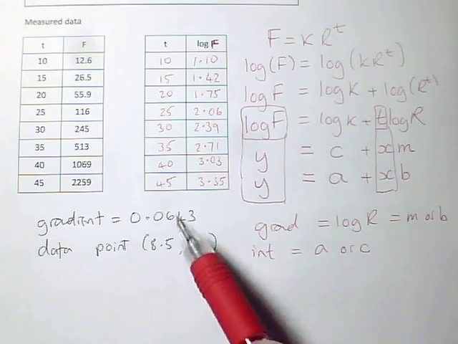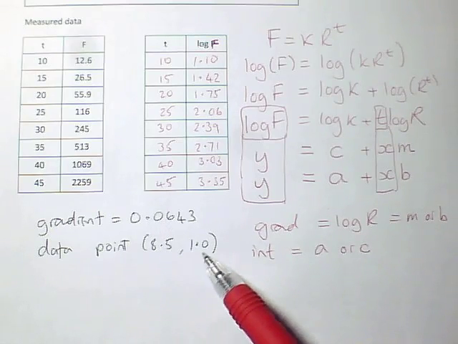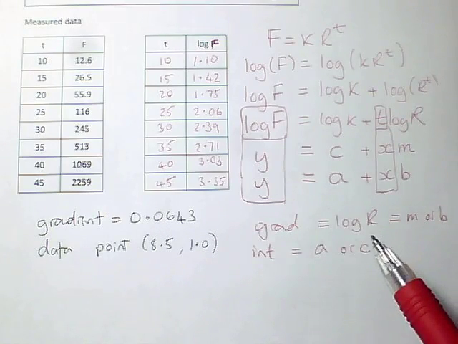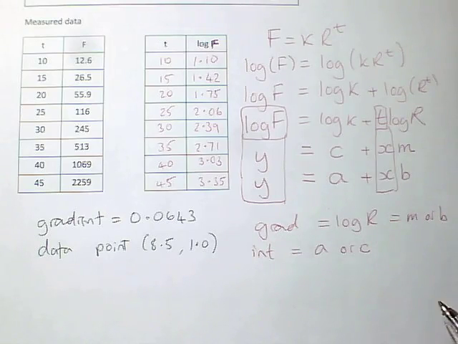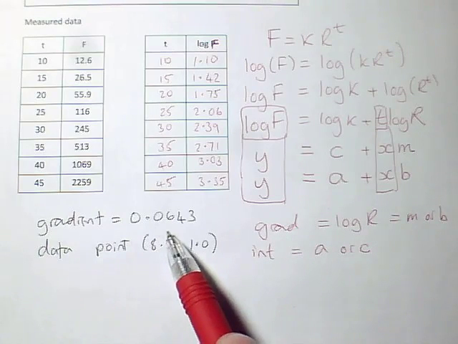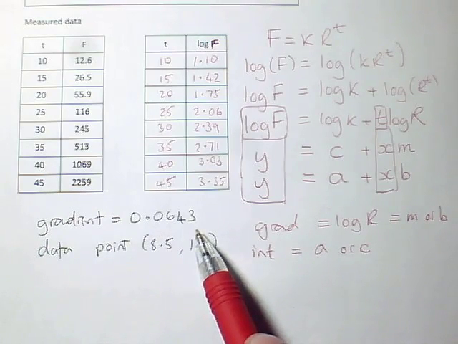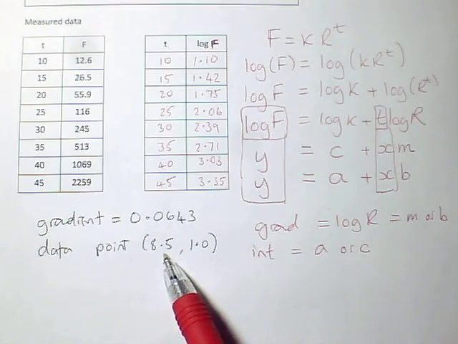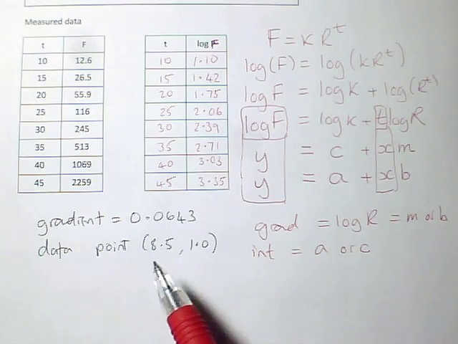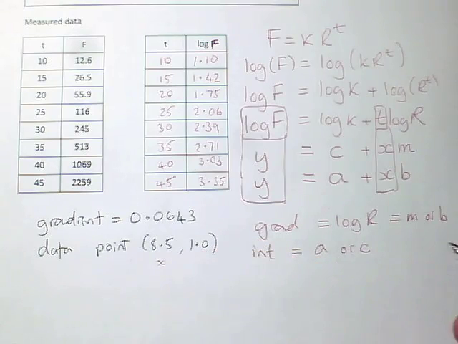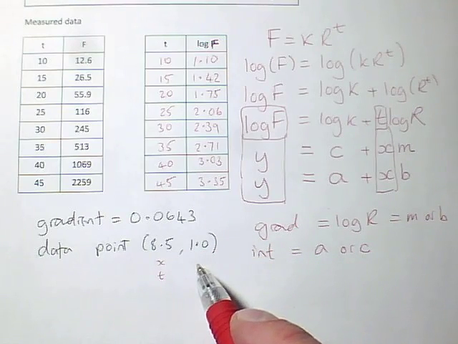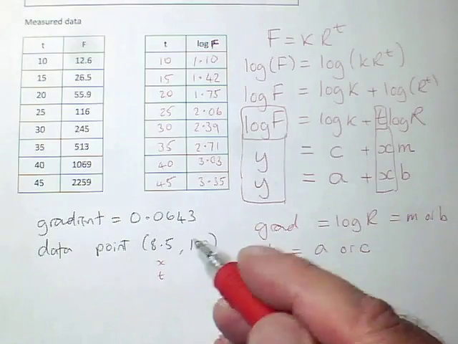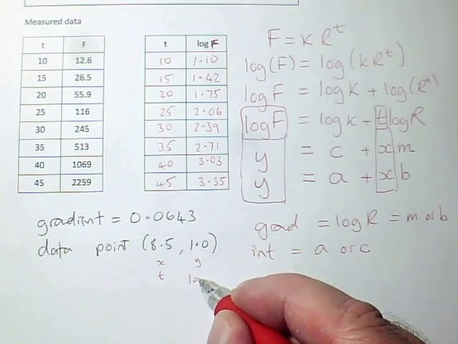But what I need to be able to do is substitute my gradient and this data point into one of these equations. So I'm going to be using 0.0643 as the gradient. And the data point, this was a value plotted on my x-axis, so that's an x, and x is the same thing as t. And this 1.0 value was a value of my y-coordinate, so that's a y, or a log f.